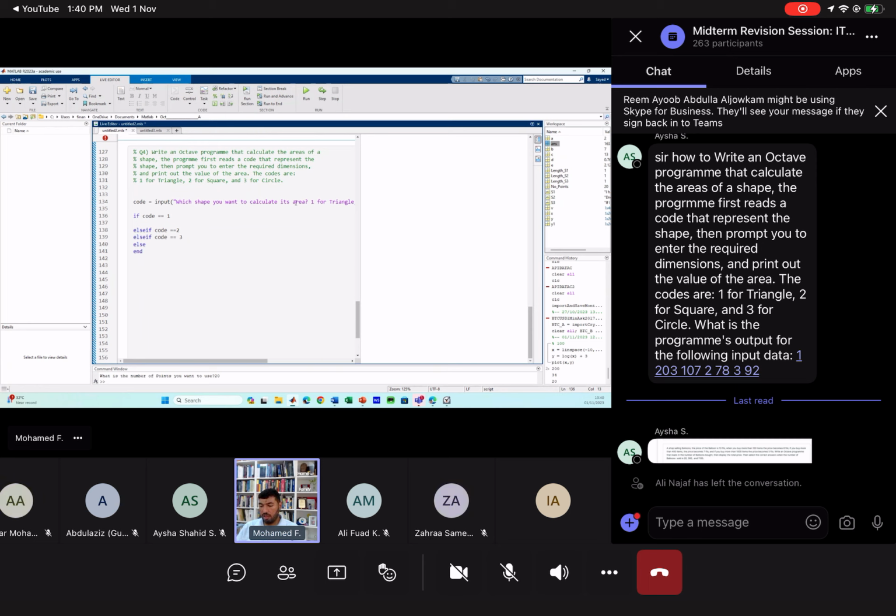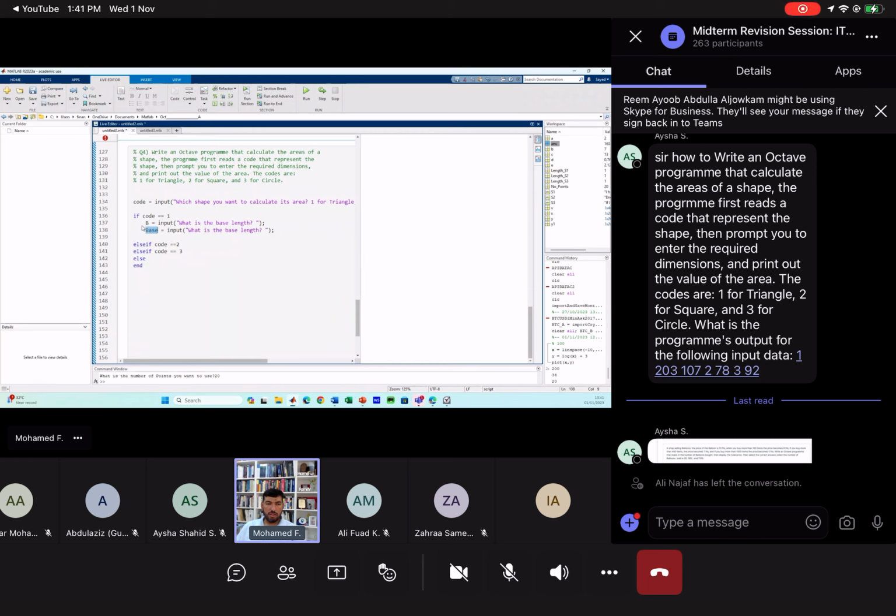You'll ask the user for an input, so you say the base is equal to input, what is the base length? And then you'll ask about the height. Let's call it h, just to make it fast, and this one b, sorry, base.